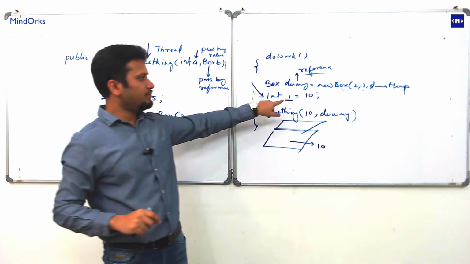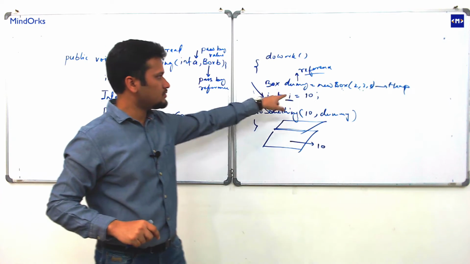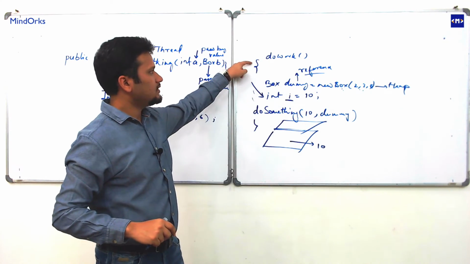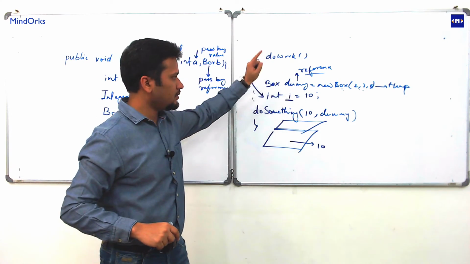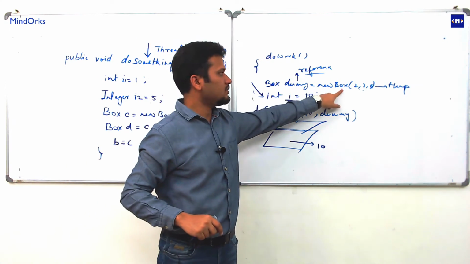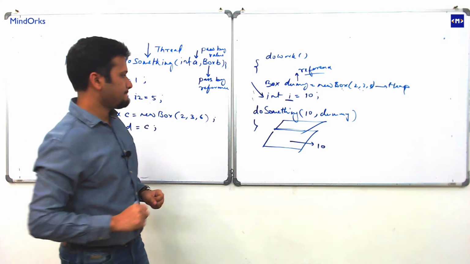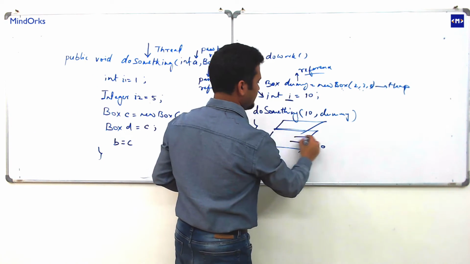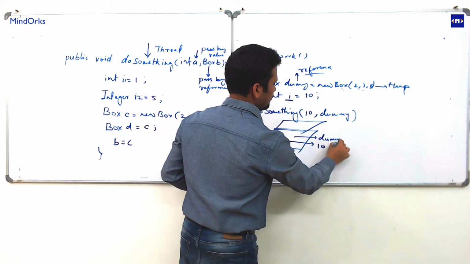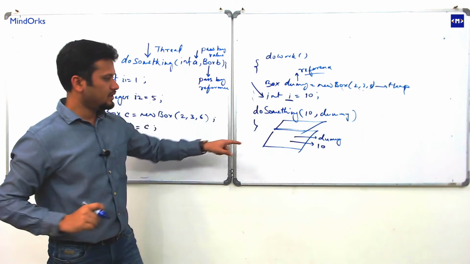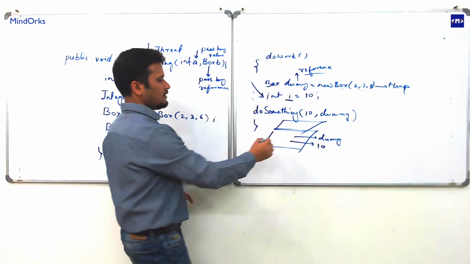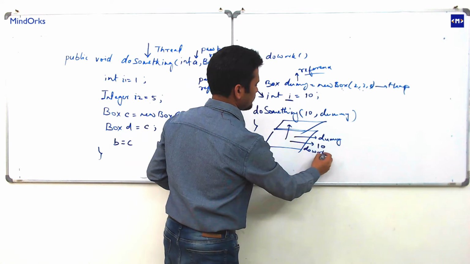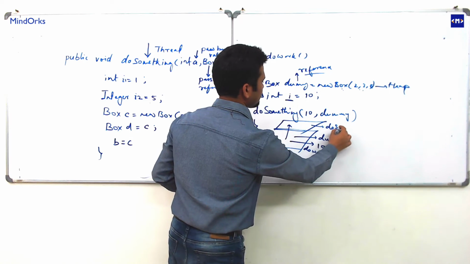So not only the primitives are stored, but also the references of the objects are stored in the stack, and references can belong to both primitives and objects. Now this 10 is here, this Box dummy is in the stack, in this node. This was your do work, and this is your do something.